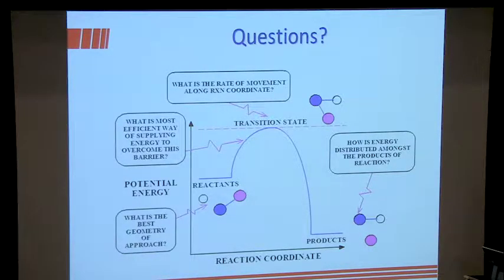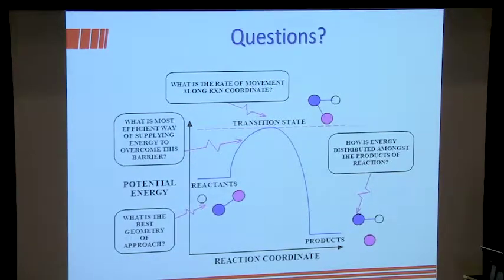Okay, now I'm going to switch gears a little bit and talk about simple collision theory, just a little bit on that. So say we have this reaction, H plus O2 gives O plus OH.